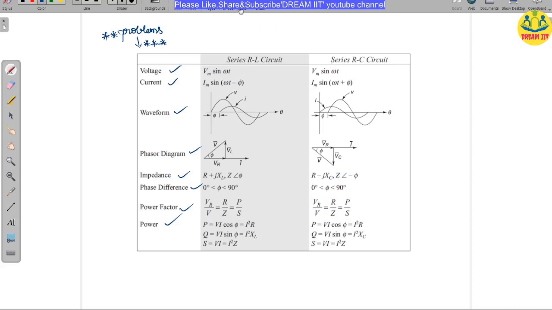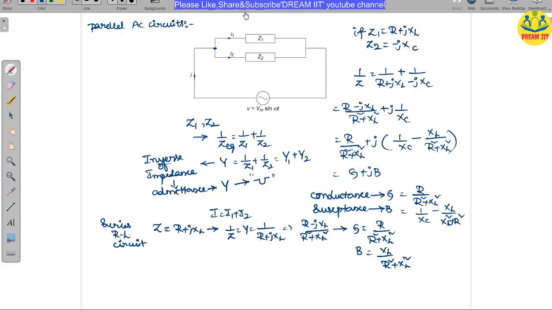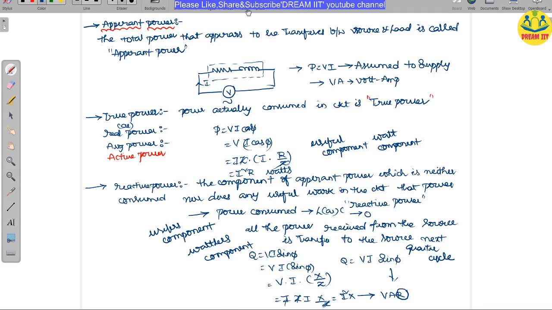These are very important formulas which we are using. Next, this is for the individual R, L and C circuits. For the parallel circuit, we will see problems and solve them.